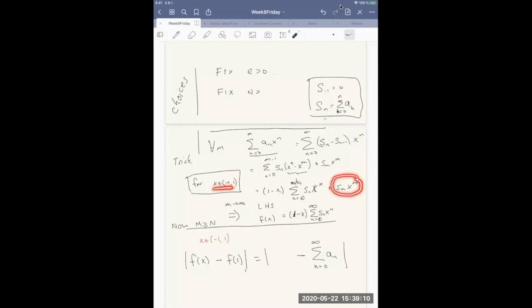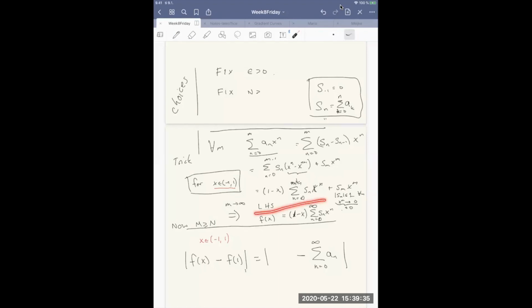Well, x is in minus 1, 1. Sm is convergent, so it has an absolute value bounded by some number, let's call it L, for all m because it's convergent. And x to the m is going to 0. So by that, we actually get plus 0, but I don't write that here.